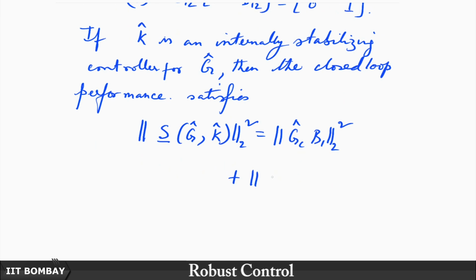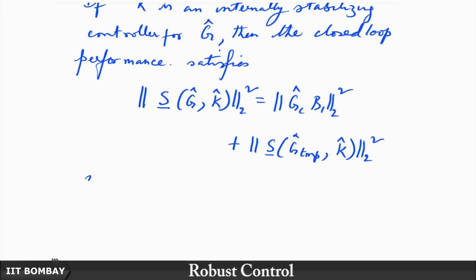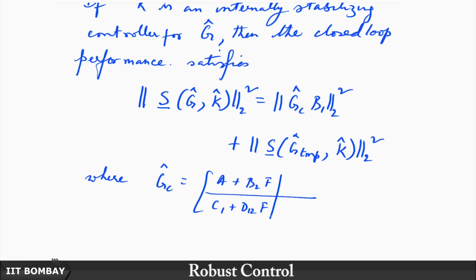Yeah, we are introducing GC for instance here, which we have not yet defined, but we will do so shortly. Now we are defining GTMP, again something that looks like too much complication, right? Where GC hat is equal to A plus B2 F, C1 plus D12 F, I, 0.